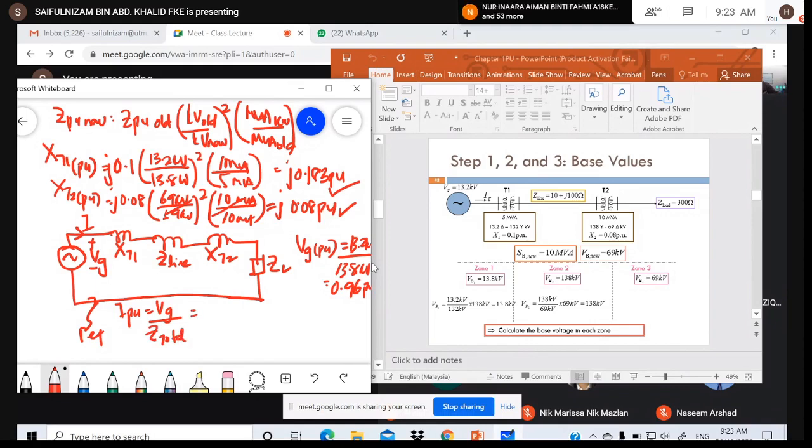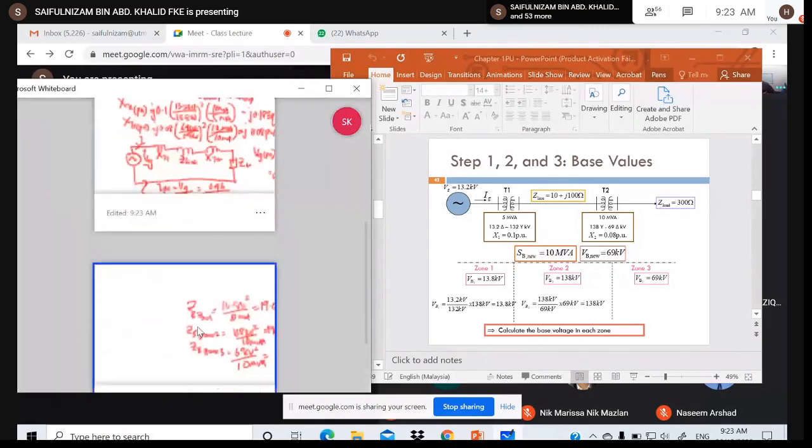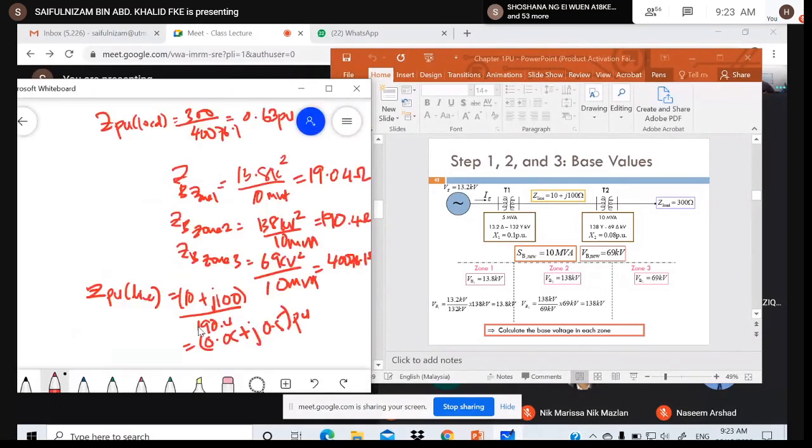So what do you get? 0.96 divided by J 0.183 plus, what is the new per unit for the line? 0.05 plus J 0.5, correct?